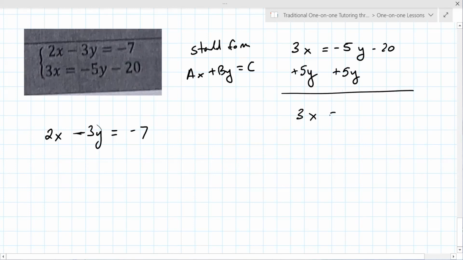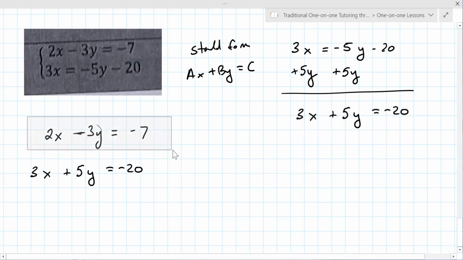So it's 3x plus 5y equals negative 20. Okay, so this is our new system.